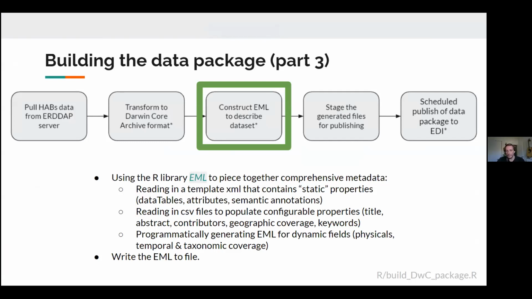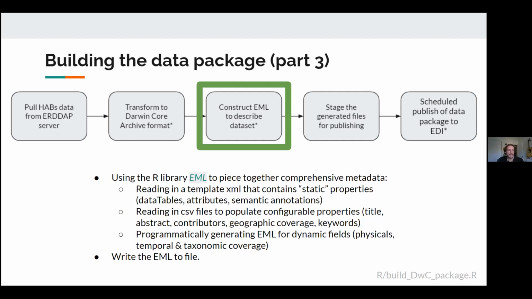So something like temporal coverage can be inferred by looking at what is the first date that exists in my data, and what is the most recent date that exists in my data. And we can set the temporal coverage based on that.